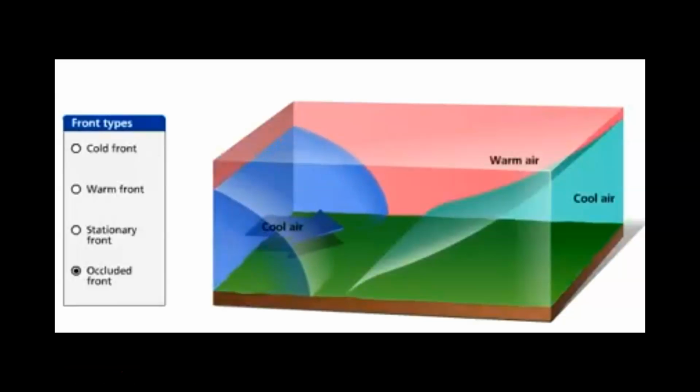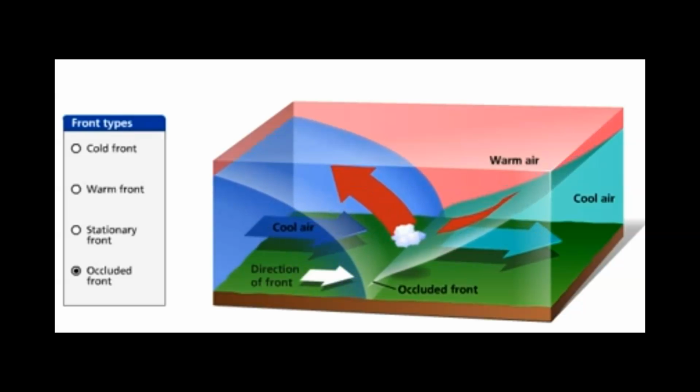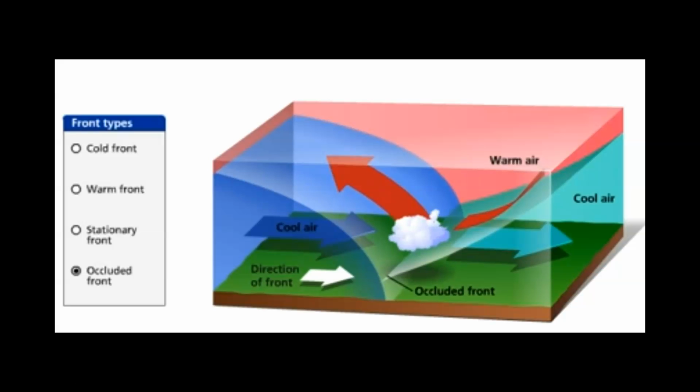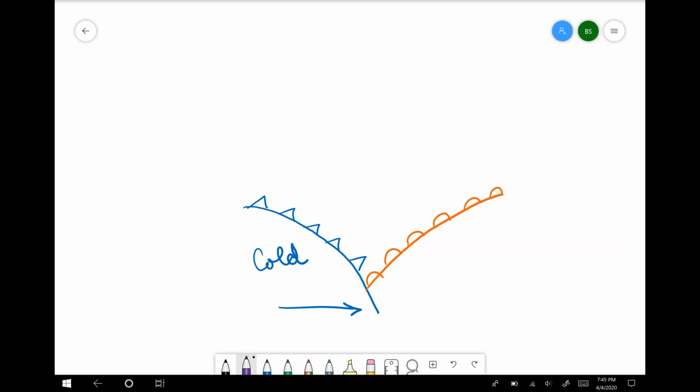The cold air front from the left is going to run into the warm air front on the right, and as it does that, notice that it's actually forcing the warm air up, and when that cold front forces the warm front up, you get this area down here where the warm front is now cut off from the ground.